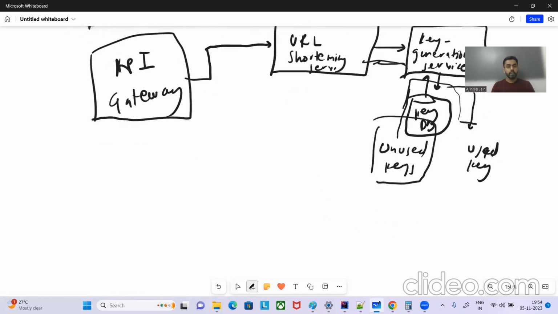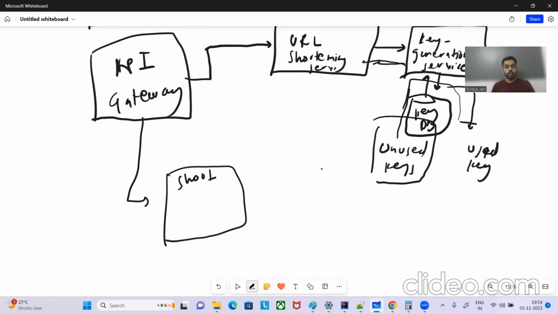And what can be the read flow? The read flow will be, the short URL goes to some kind of URL fetcher service. First, as we said, it is going to use a cache.